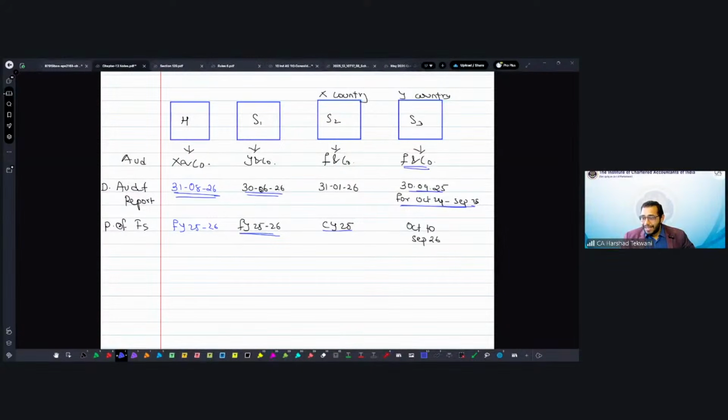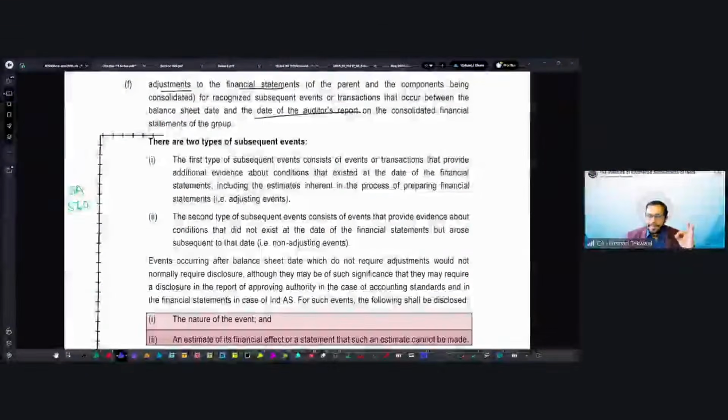Now they can be adjusting, they can be non-adjusting kind of things. So will you ask the auditor of FN company, subsidiary 3, to consider the subsequent event till 31st 8/2026? Or what will be the period of subsequent events? That's where it becomes very important in consolidated financial statement to understand what are the subsequent events. So first of all, a basic understanding, subsequent events. Again, there are two types of subsequent events.